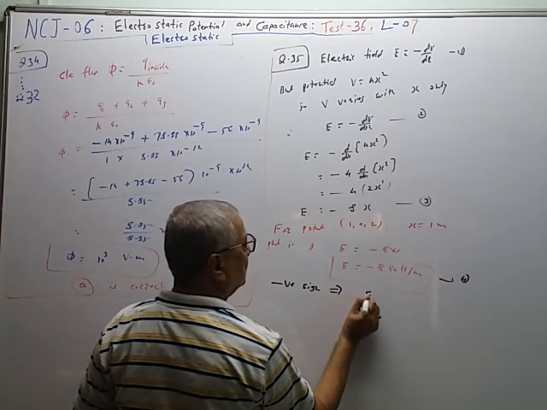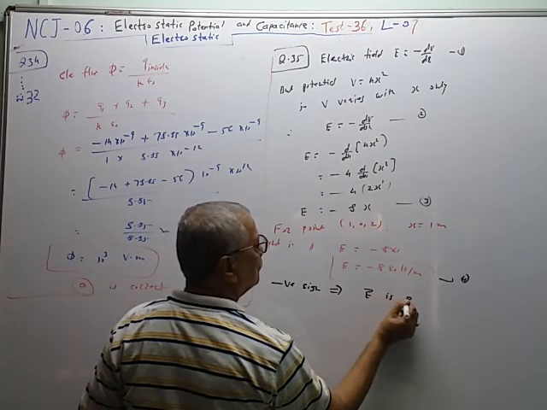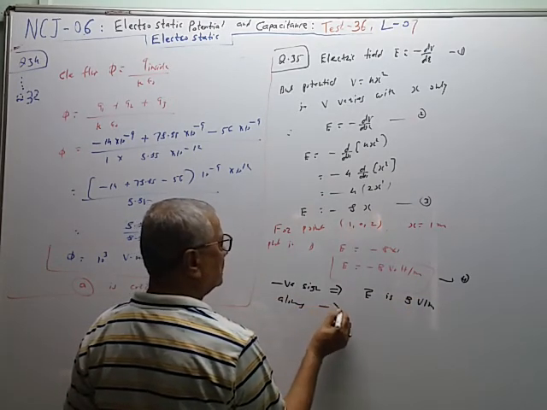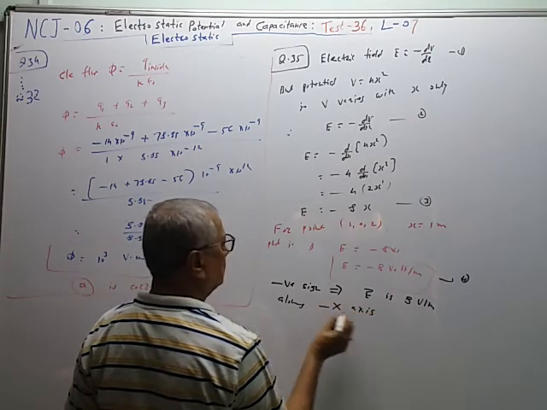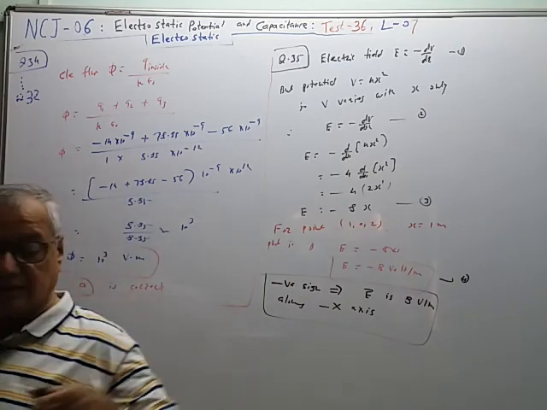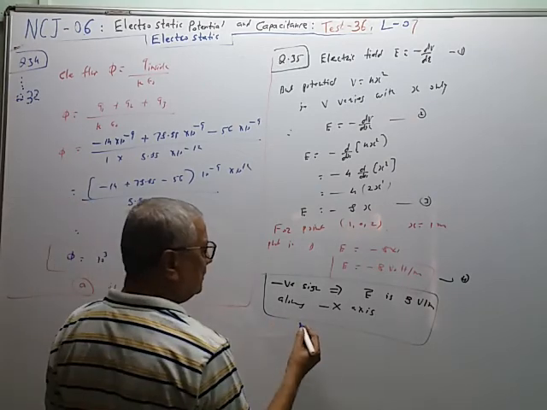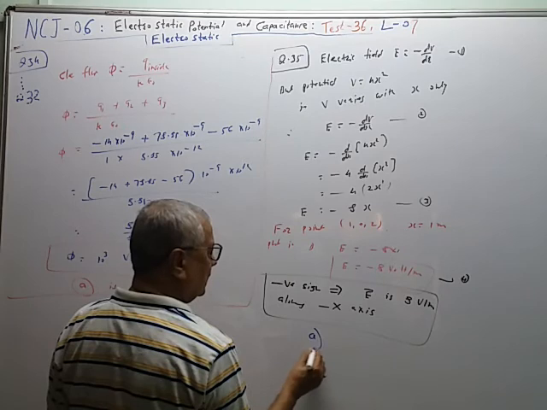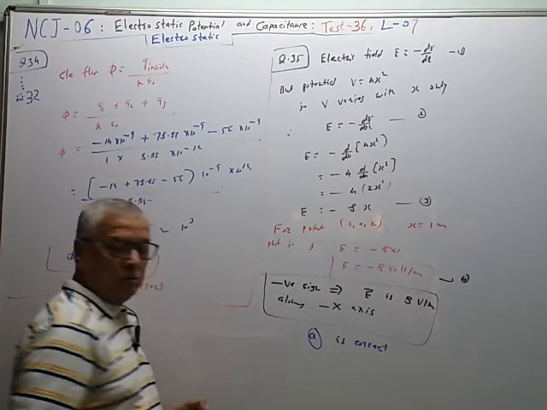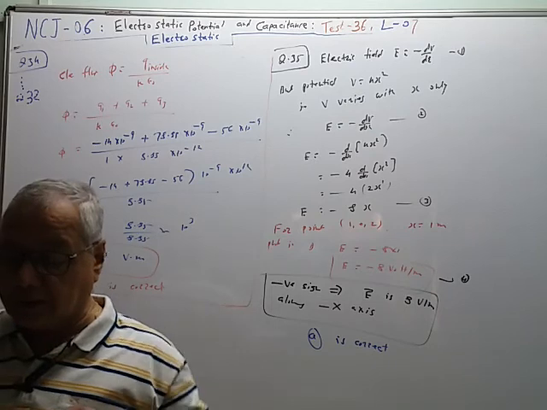The minus sign indicates that the electric field intensity is 8 volt per meter along the negative x-axis. So the correct answer is A, 8 volt per meter along negative x-axis. So A is correct.